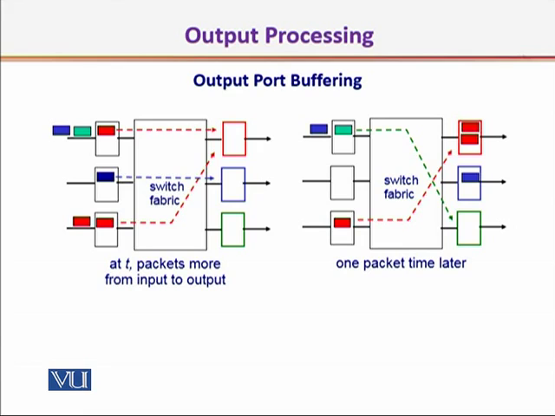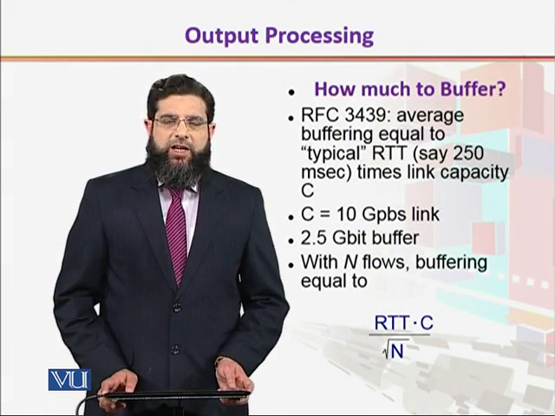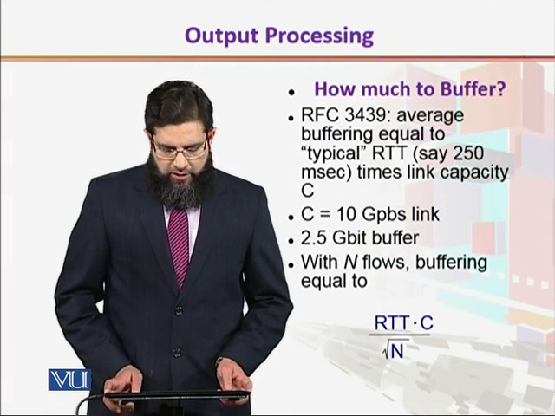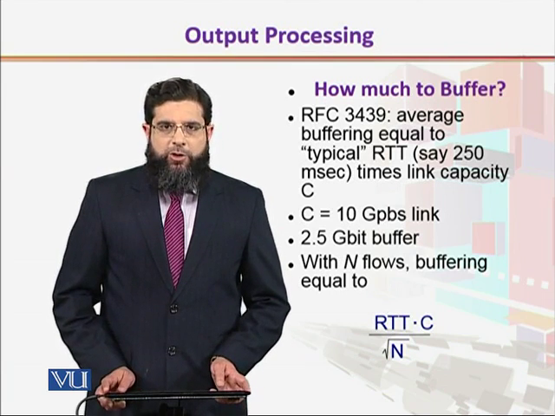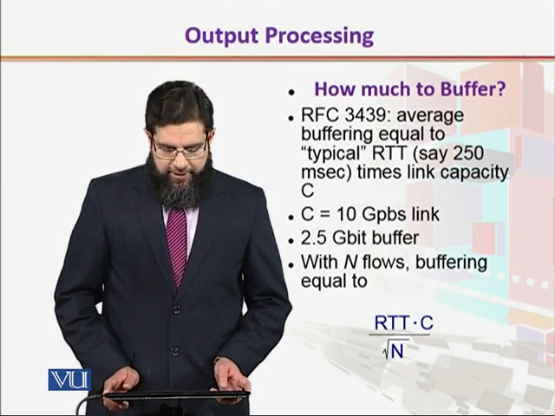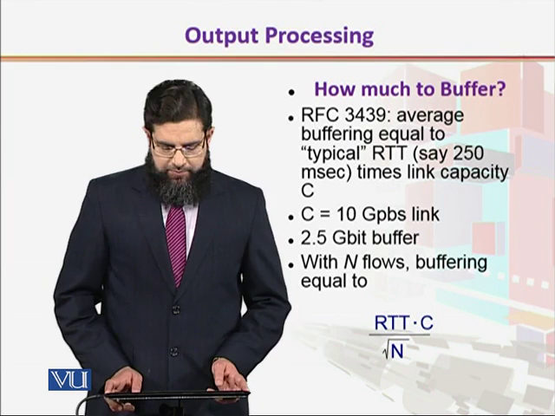The hardware manufacturers and network vendors have to take into consideration how much buffering is required at the output port. This is determined through RFC 3439, which gives insight into the buffering requirements on the basis of the round trip time and the link capacity.